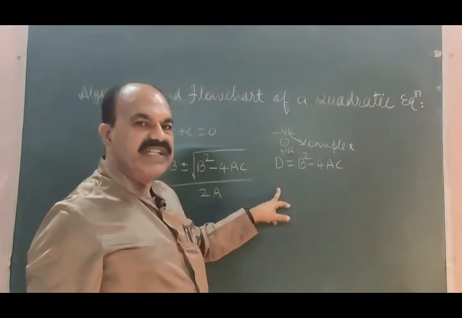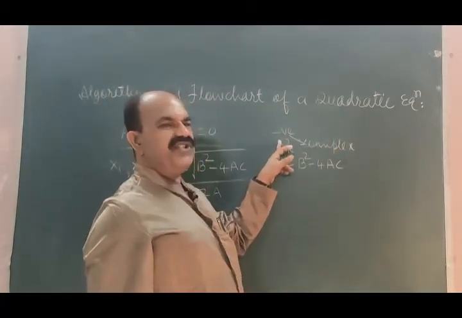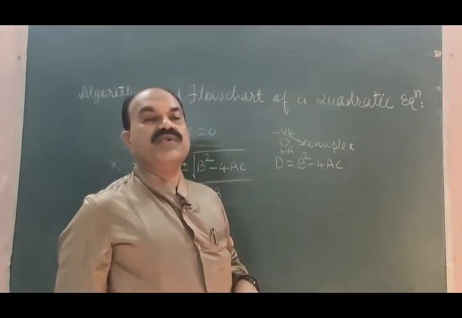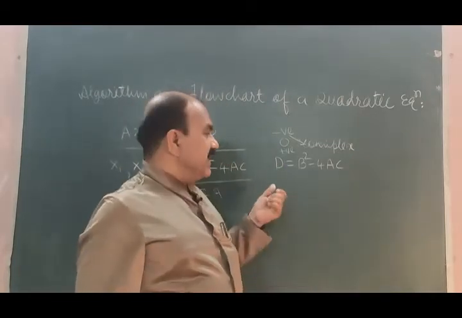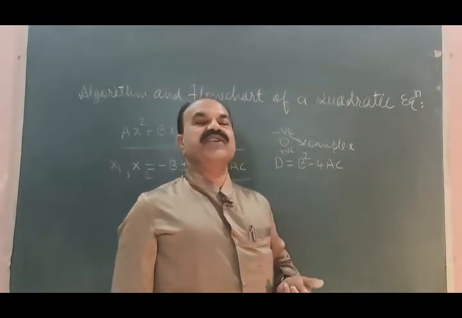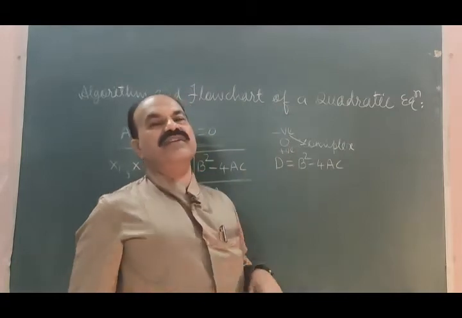Whenever this discriminator d is negative, it is complex. When it is 0, it's okay. This may be positive. So we have to think of these three possibilities, that the discriminator d here, b square minus 4ac, can have this value or this value or this value.